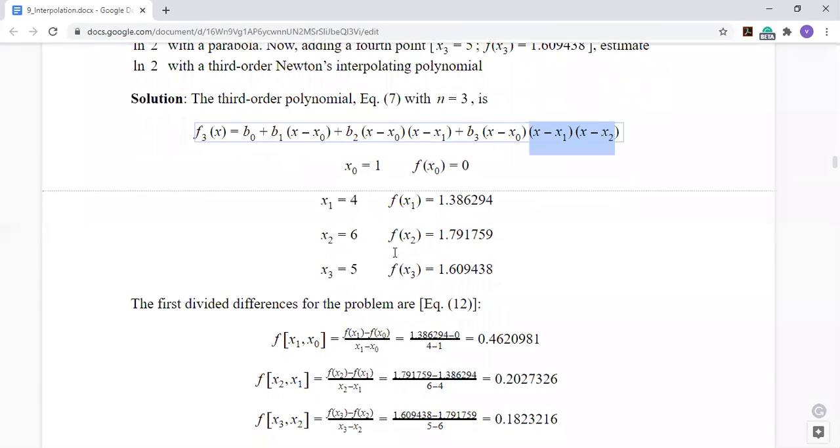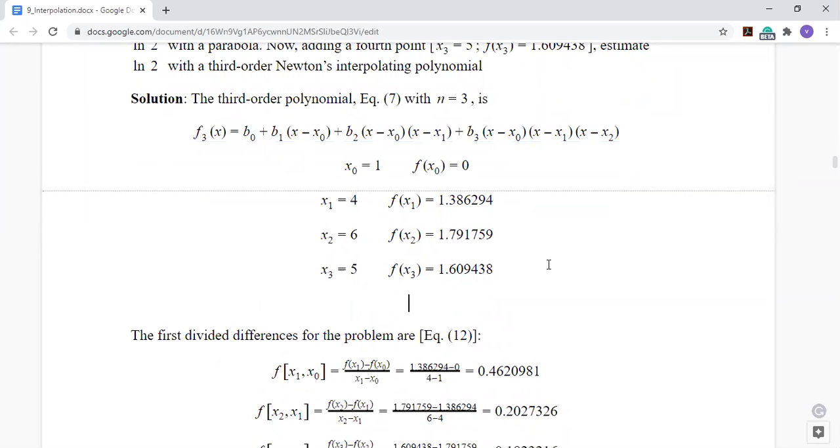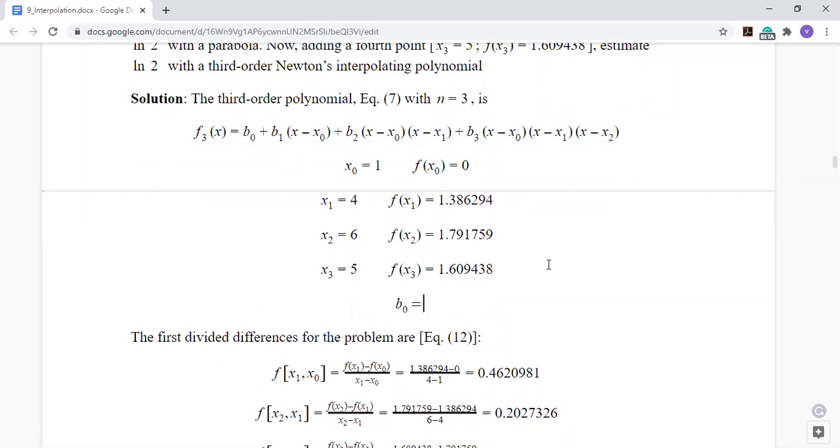B0 is simply equal to f of x0, and f of x0 is given to us in the question, so we don't need to do anything. We need to get B1, B2, and B3.